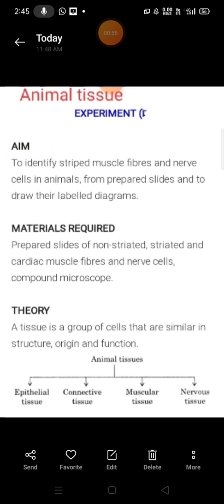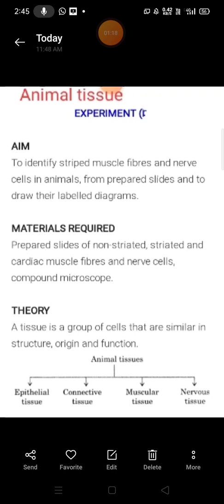Aim: to identify striped muscle fiber, unstriped muscle fiber, cardiac muscle fiber and nerve cell in animals through prepared slides or permanent slides. And in this experiment you also draw their labelled diagrams.